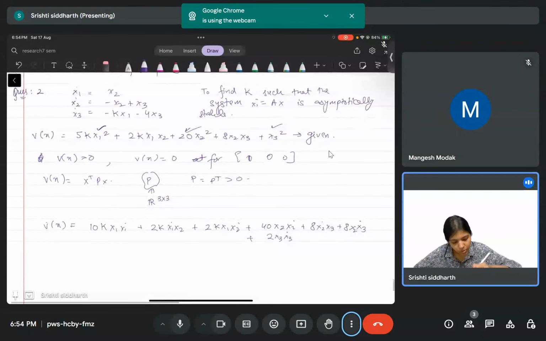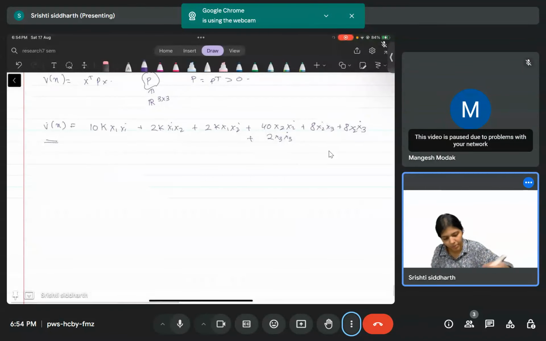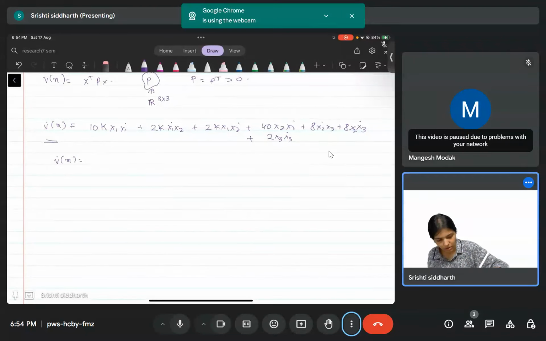You can substitute those here and then find V dot of x. So write down the expression that we get. You can check this after this session. This is minus 40 minus 2k x2 square.